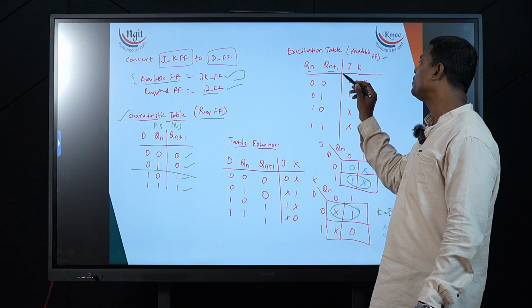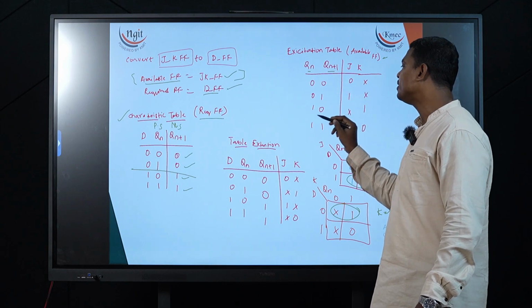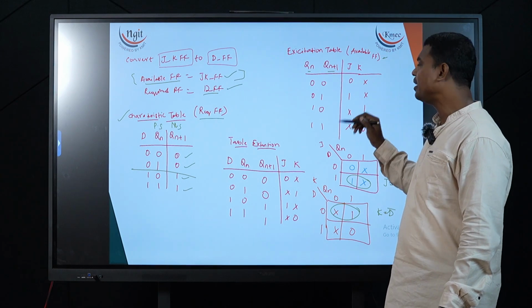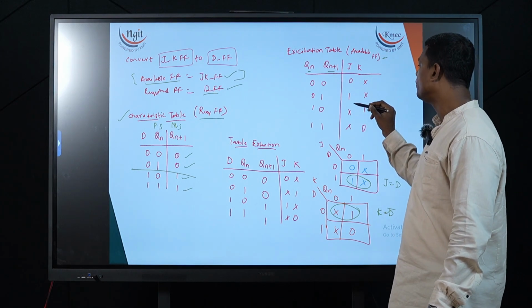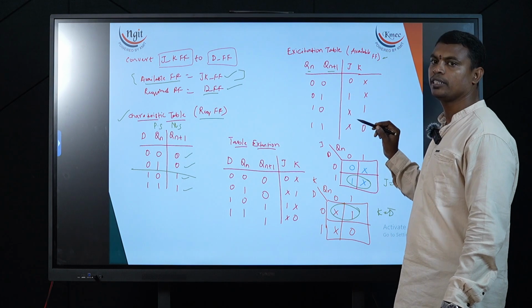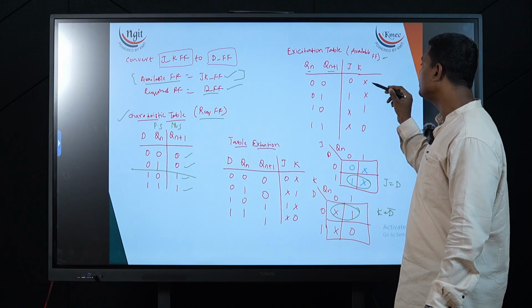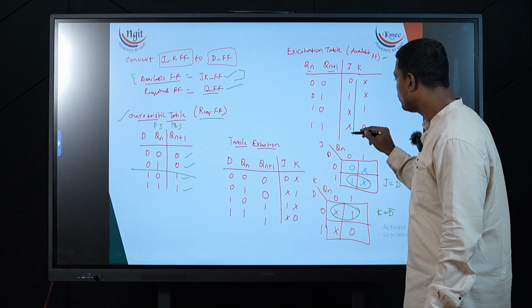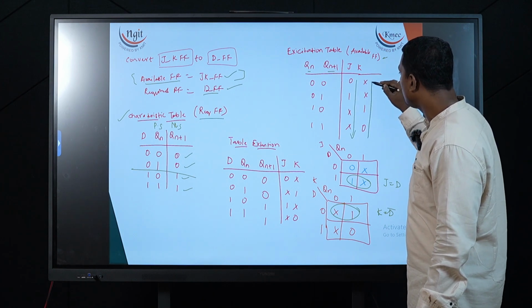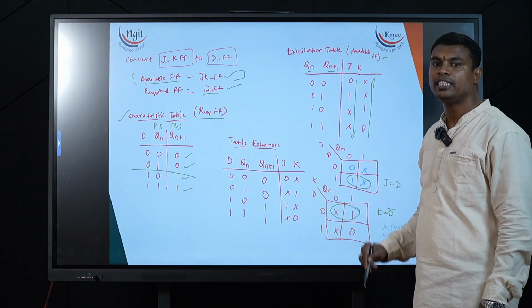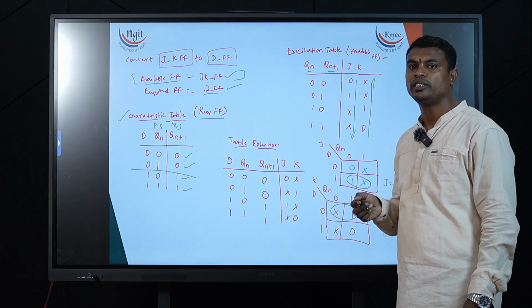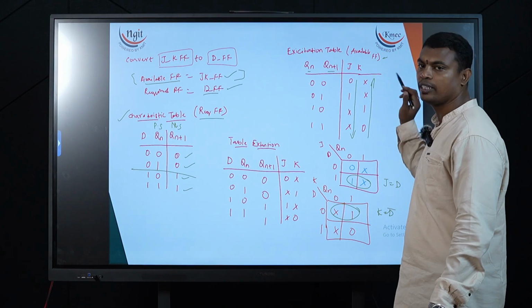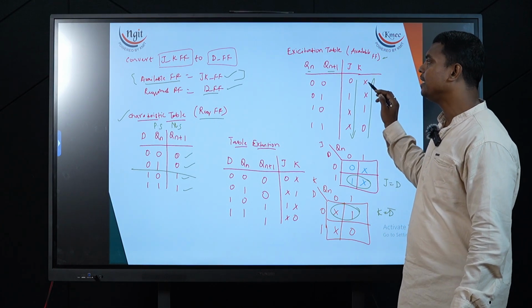Qn, Qn plus 1 are 0 0, 0 1, 1 0, 1 1. Now you know the excitation table for the JK flip-flop. J values are 0, 1, don't care, don't care, and K values are don't care, don't care, 1, 0. The order of J should be in reverse order to that of K, as I taught you in the previous sessions. So this is your excitation table.